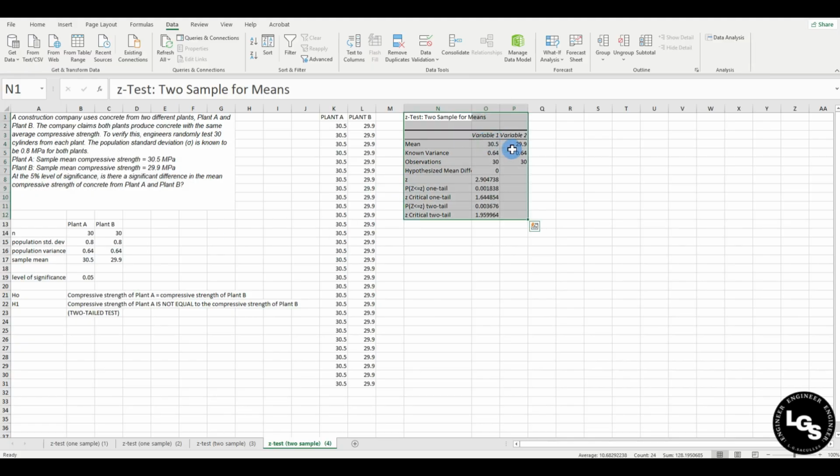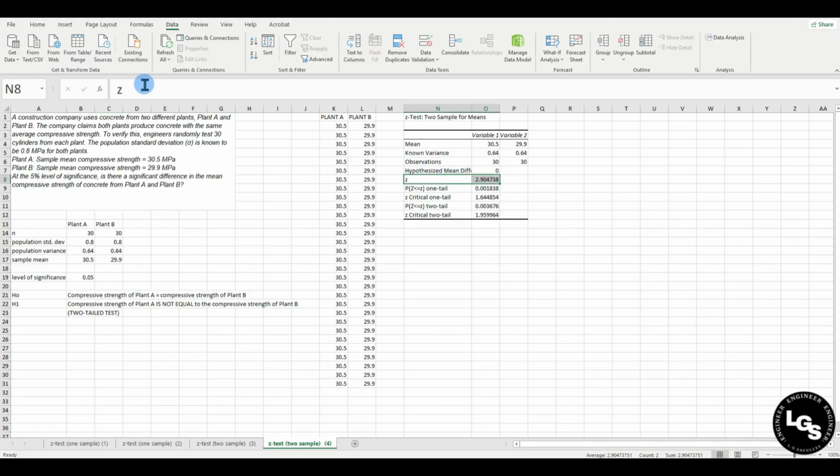We have variable 1, then variable 2. The mean for variable 1 is 30.5, which is the same as this one. For variable 2, 29.9. So we did not change the mean of the two plants. For the variances, it is the same, 0.64. Then we have 30 observations from each plant. Then the hypothesized mean is 0.